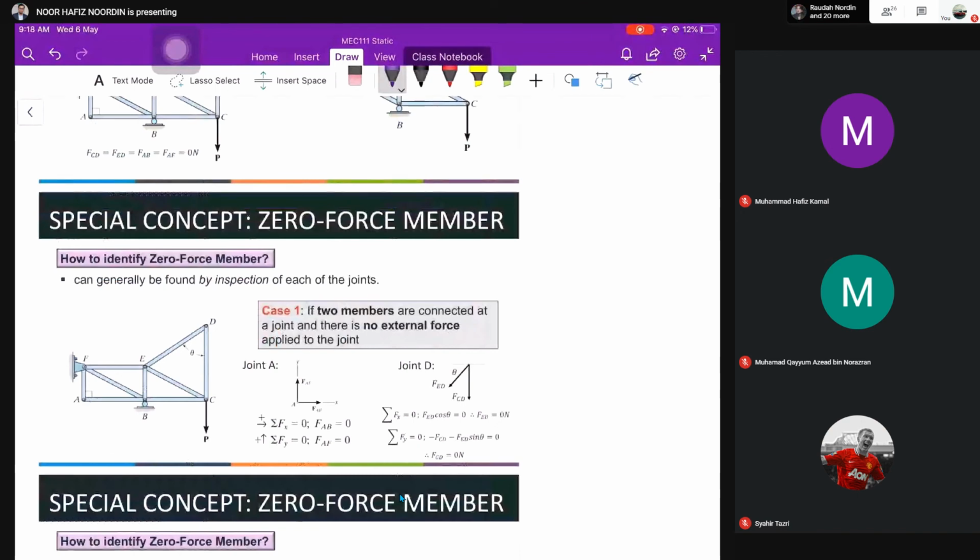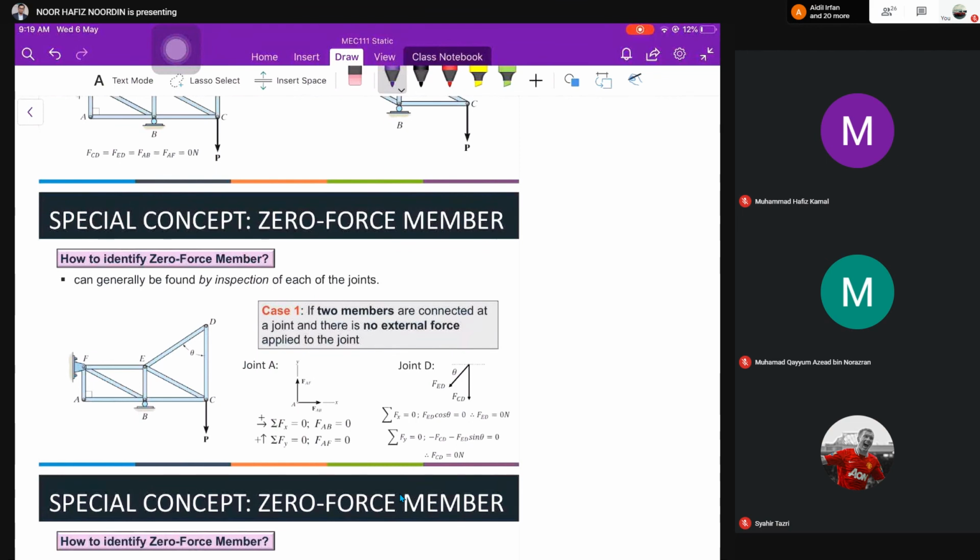Kita tengok setiap joint tu. For case 1, if two members are connected at a joint and there is no external force applied to the joint. Kita ada dua slender member, and then antara dua slender member ni dia ada penyambungan, connection using pin. And then pada pin tu, there is no external force applied. So in that case, itu adalah zero force member.